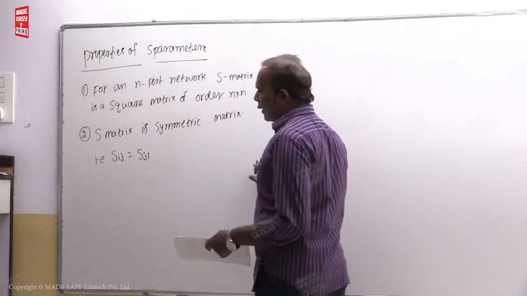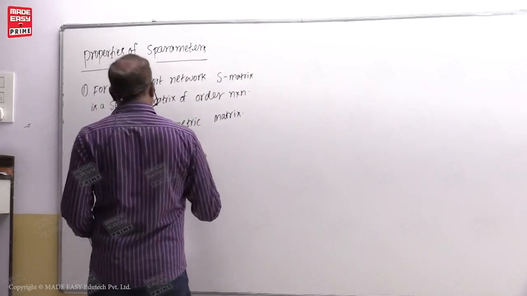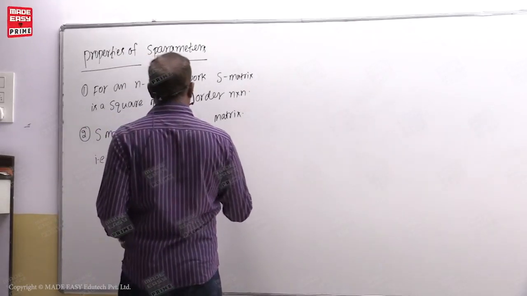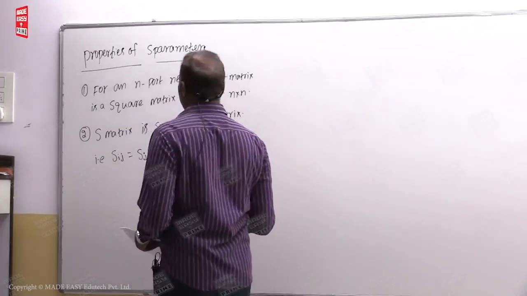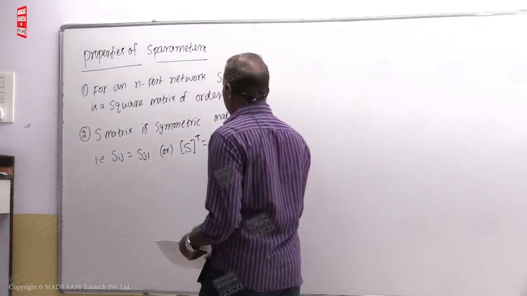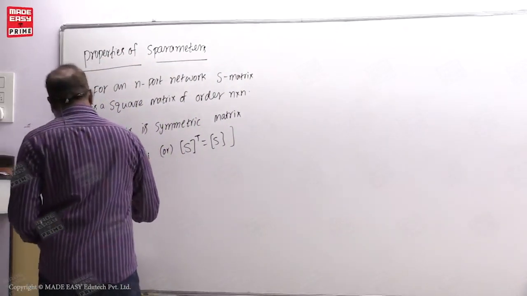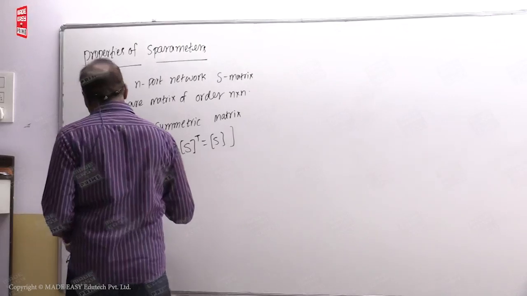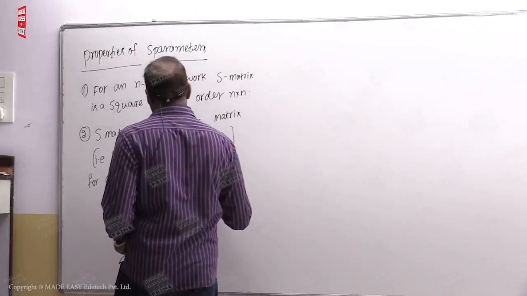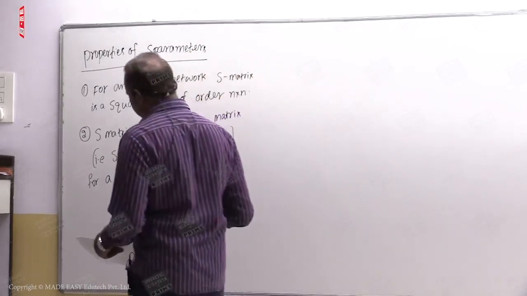That happens, you know, for a reciprocal network. Or otherwise, S transpose is equal to S. So the S matrix is a symmetric matrix. This is the meaning for a reciprocal network, right?